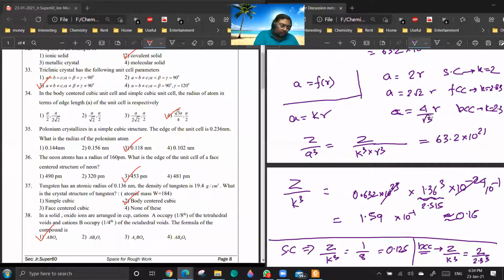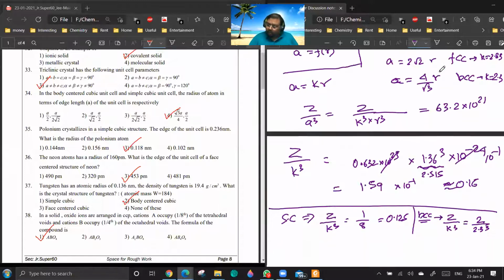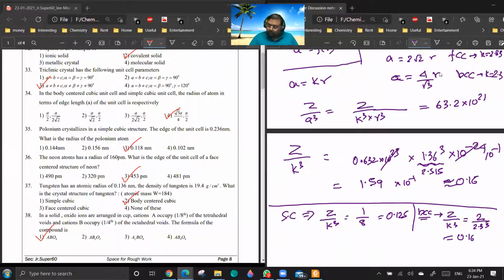So if you are writing 2.3 whole cube, then inverse into 2, we will get this value to be 0.164. So this is the closest value.